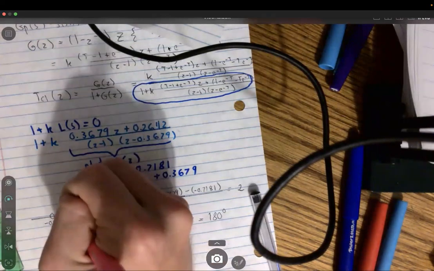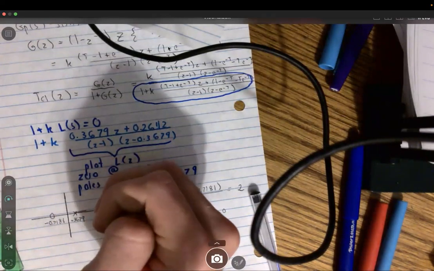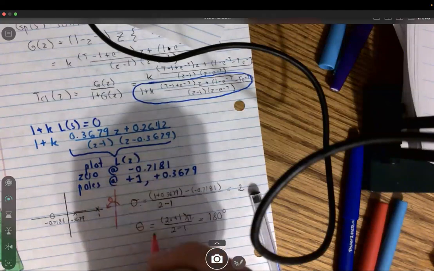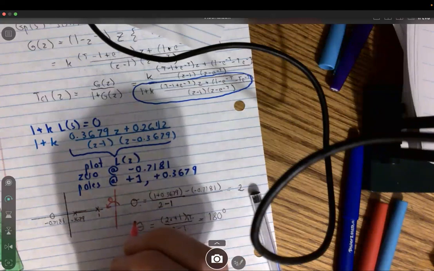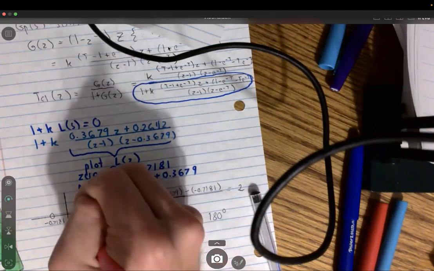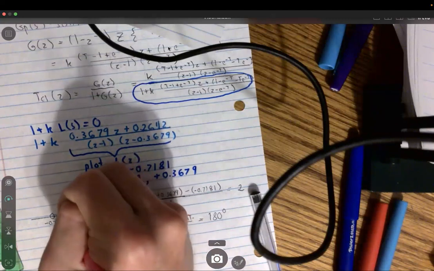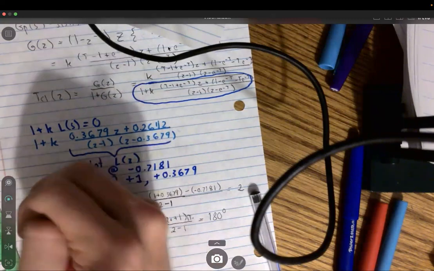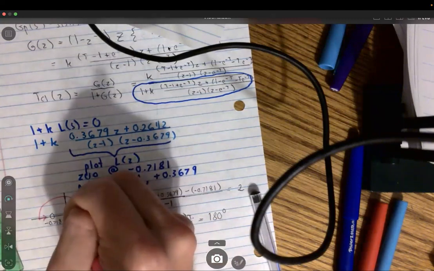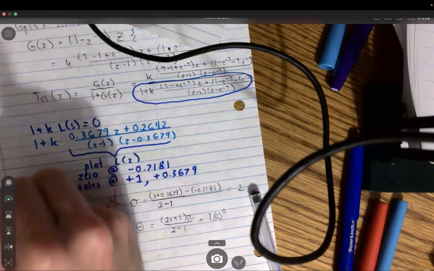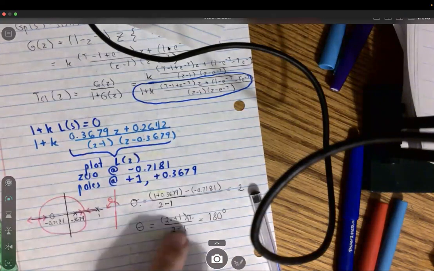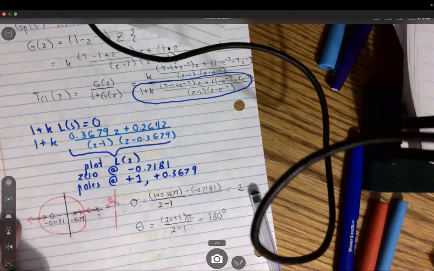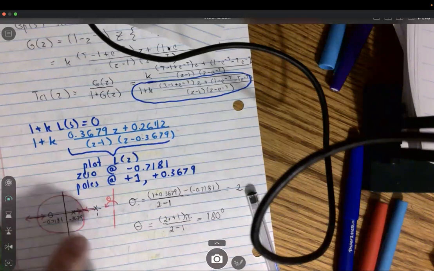What we should notice is that these two are going to break out, and then one of them is going to go upwards, break back in and go to this 0, while the other one is going to go downwards, break back in, and go to infinity, because one of our asymptotes goes 180 degrees. So one of them is going to go to infinity, out along 180, and the other one is going to go to the 0.